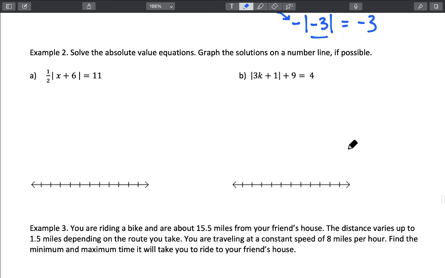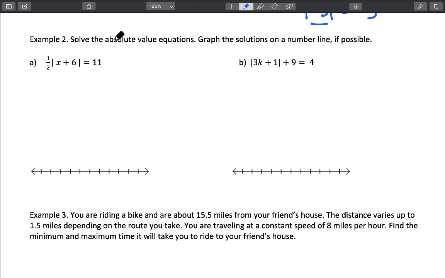All right, in example 2, we're going to jump into solving absolute value equations, which, remember, our first task was to isolate that absolute value expression and then set up two equations. We're going to solve both of those equations, one set equal to the positive value and one set equal to the negative value of that other side of the equal sign.